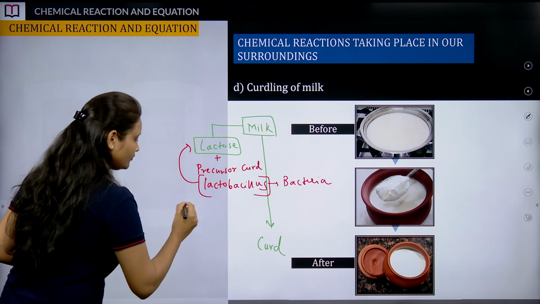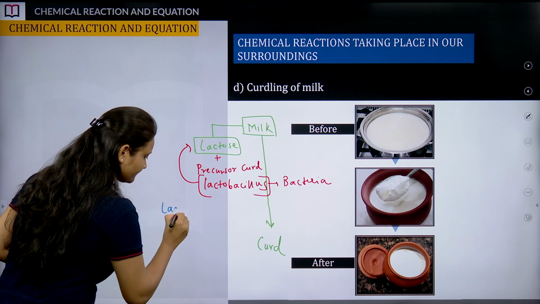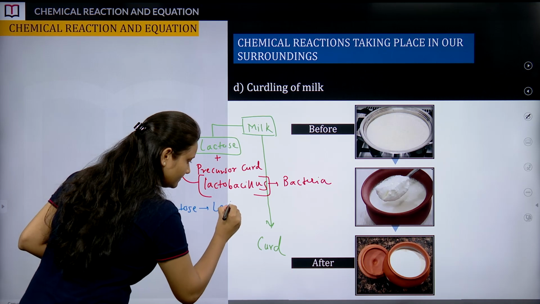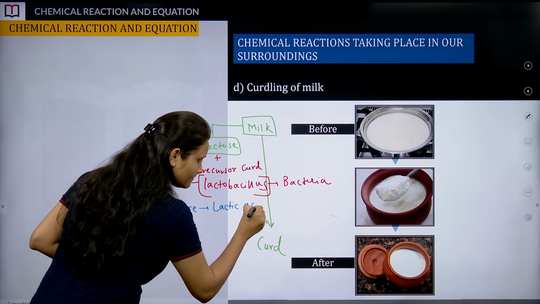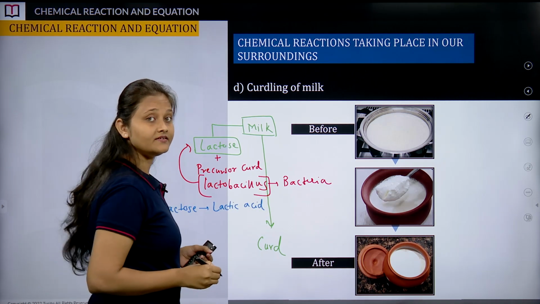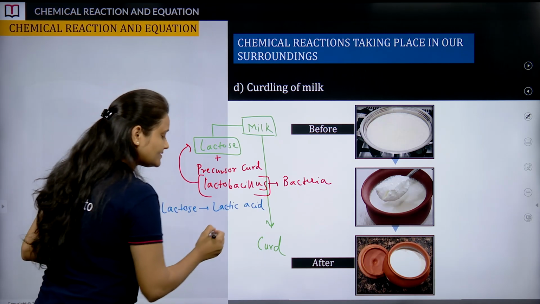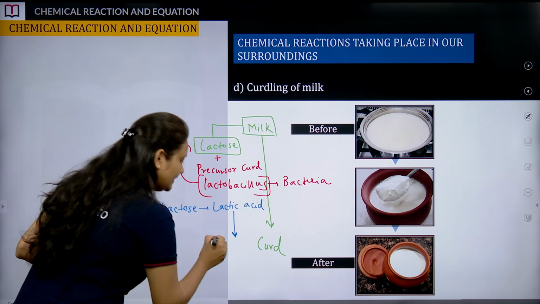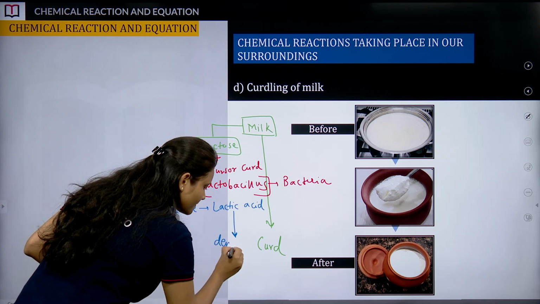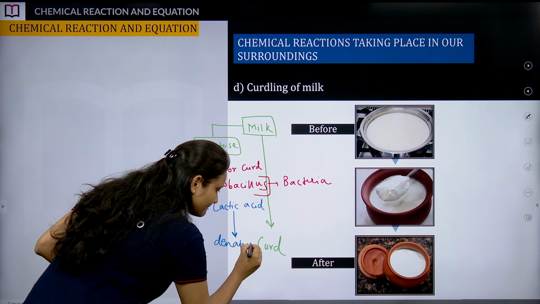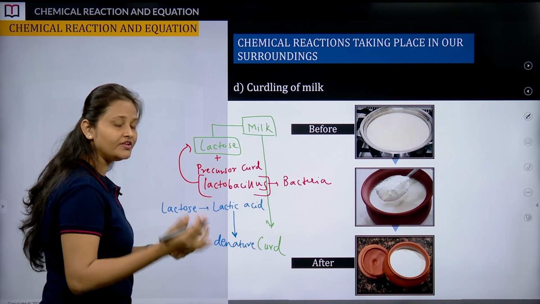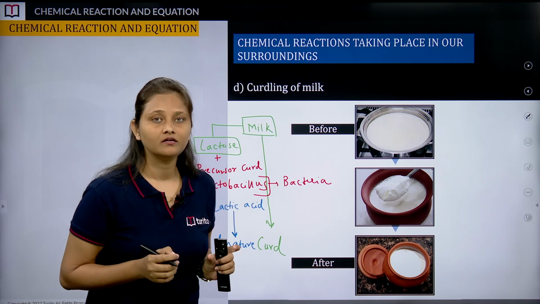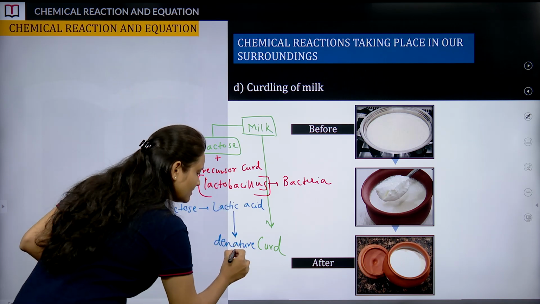So your lactose is getting converted into lactic acid. Now this lactic acid is going to denature, or change the arrangement of, the protein which is present in milk. Which protein does it have?